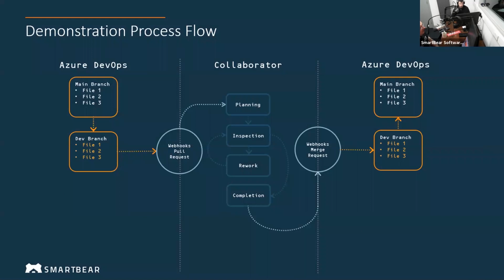So the idea here is that on Azure DevOps, we might make a branch off of our master branch, and we make updates to the files contained therein. Then we trigger a pull request on Azure DevOps, and the pull request automatically starts a review process on the Collaborator server.